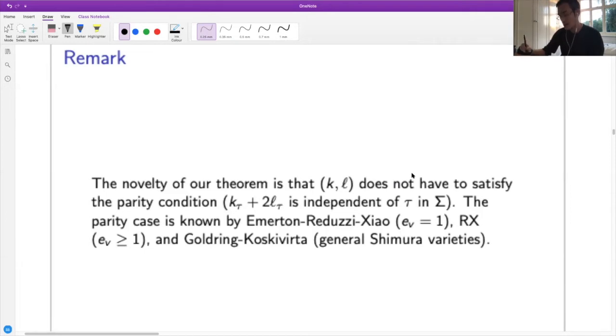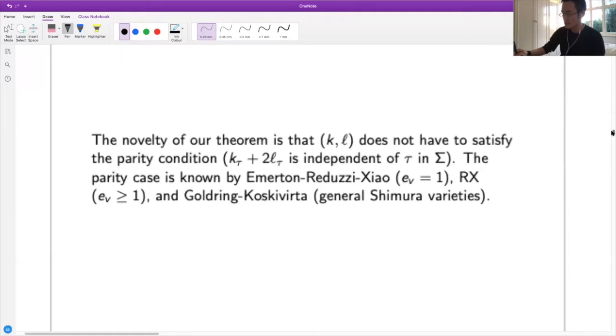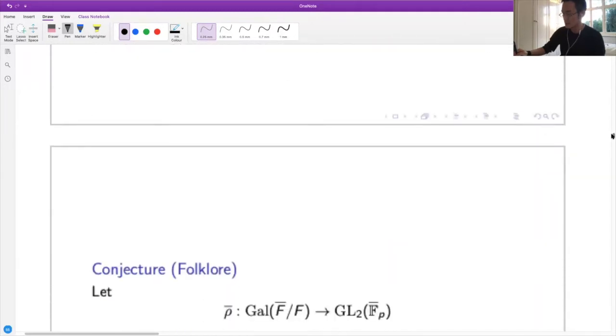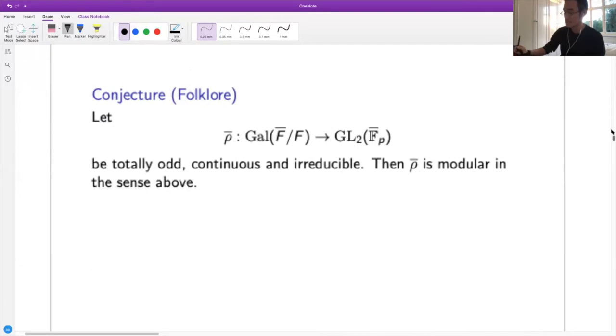In fact, when it satisfies the parallel condition, the construction of mod P Galois representations has been known by Emerton, Reduzzi, Xiao in the unramified case, and Goldring and Koskivirta in general Shimura varieties, more general than the Hilbert modular variety, but the non-parallel case is something that has been missing.